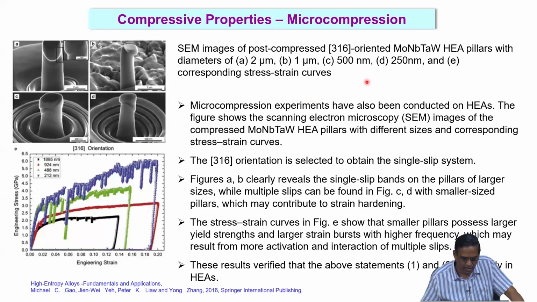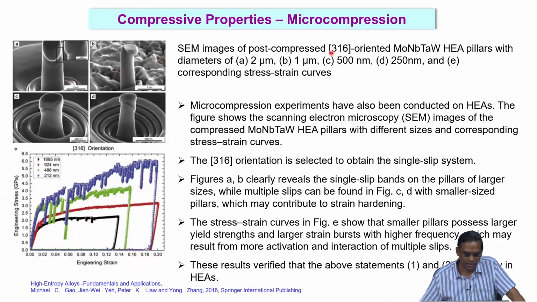So, now we are getting into a little more sophisticated compression test. What you are seeing here is micro compression testing, which is done under the microscope. This is a focused ion beam microscope, the dual beam, where you fabricate these nano pillars by ion milling, and then you also do a compression test in the microscope itself.